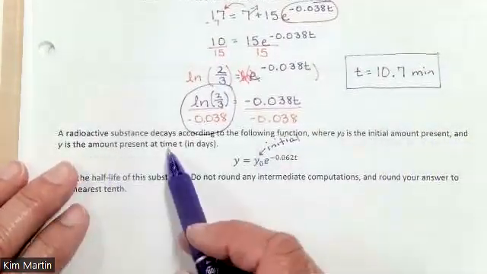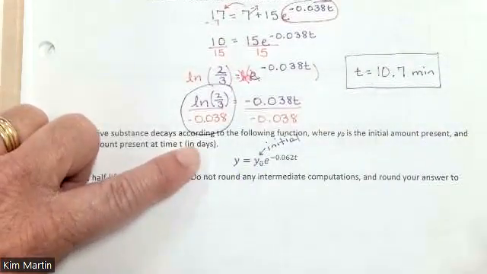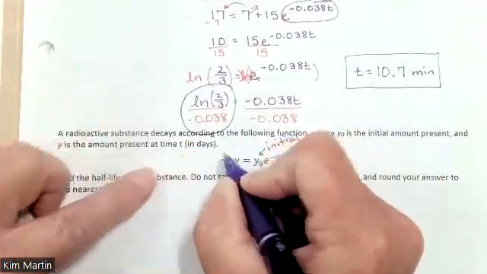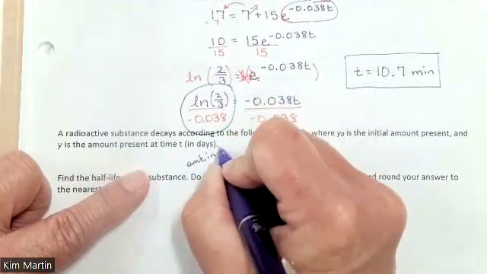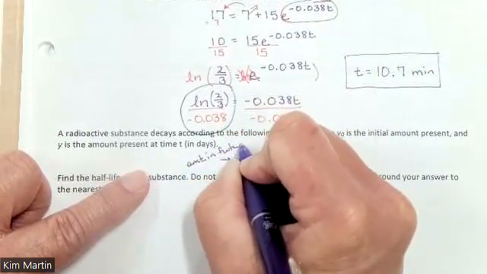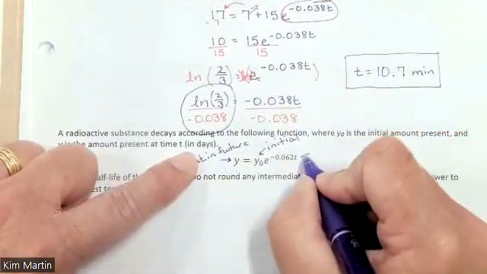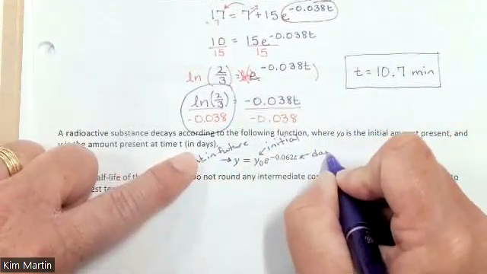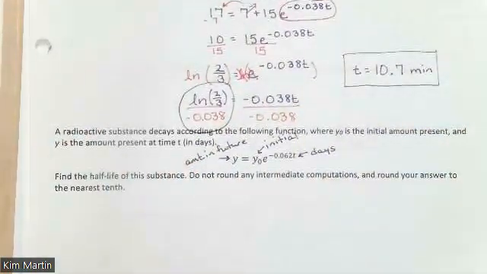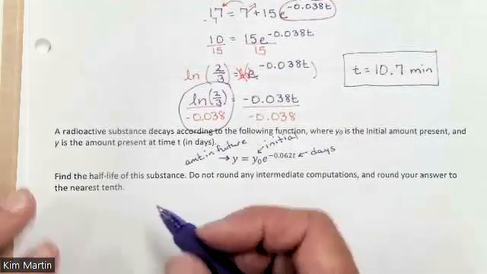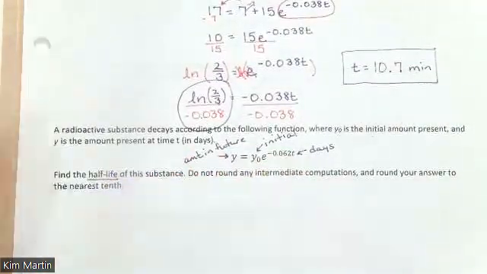And y is the amount present at the time in 10 days. So this is the amount in the future. And the t represents our days. So the amount in the future would be like if I said 10 days, it'd be the amount that we'd have in 10 days. If I said it was 20 days, it'd be the amount that we have in 20 days.